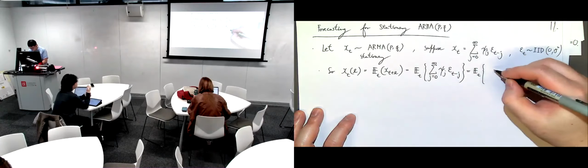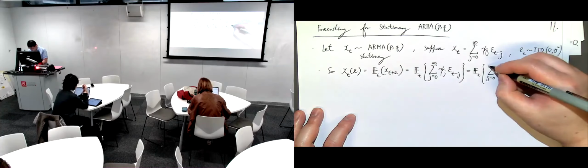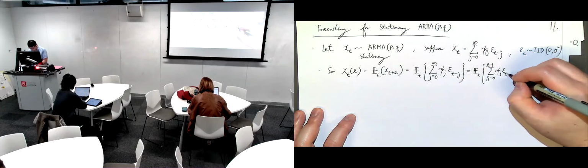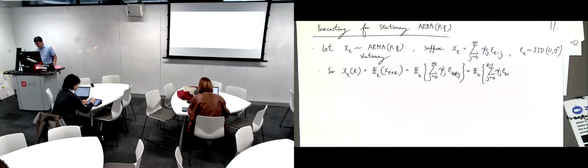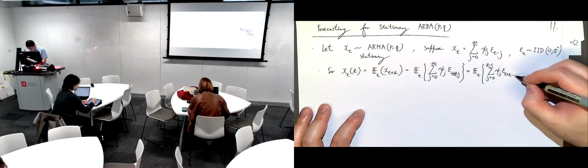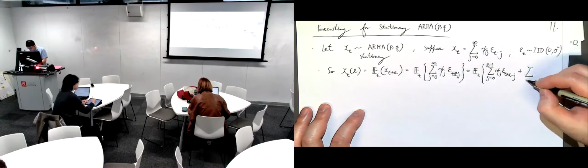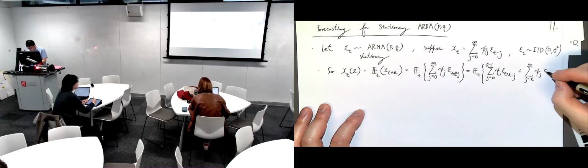So one part is j from 0 to L minus 1 of psi j epsilon t plus L minus j, sorry, since your time t is t plus L here, so it's t plus L minus j, plus j from L to infinity, the same thing, psi j epsilon t plus L minus j.